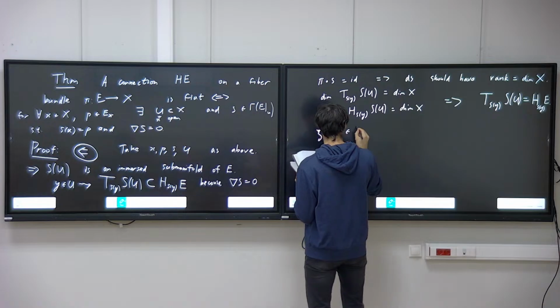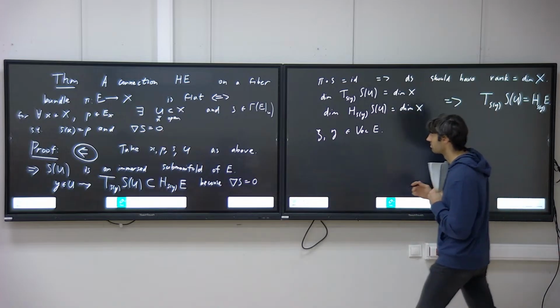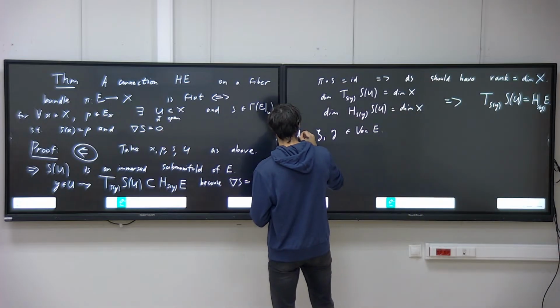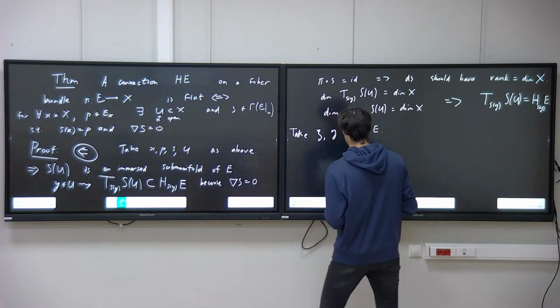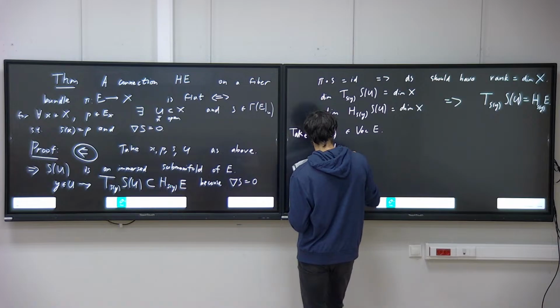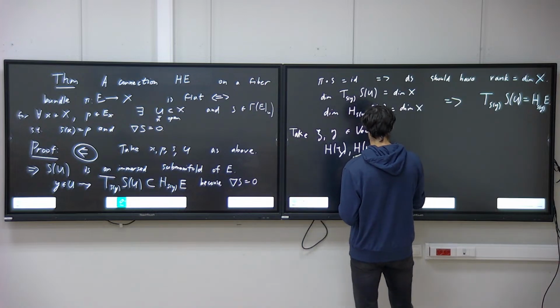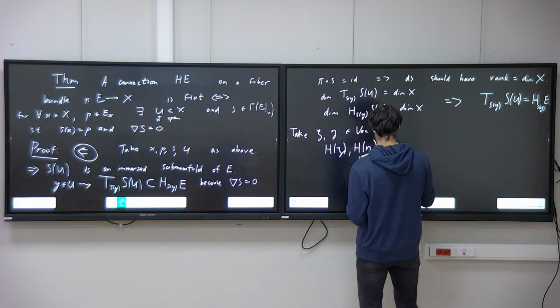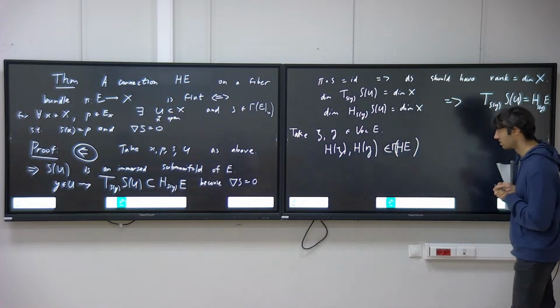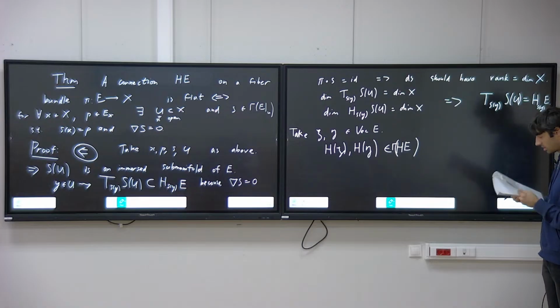So these are vector fields on E. Then of course H of psi and H of eta belong to Gamma of H E, just by definition of what H is.